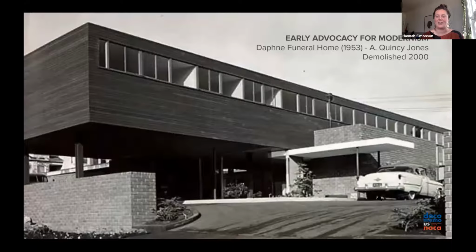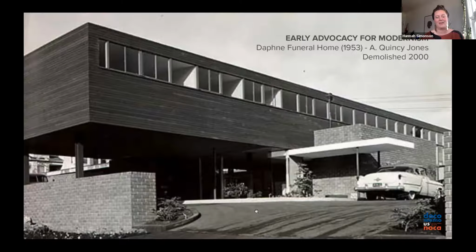We had an advocacy challenge that helped coalesce our group early on. This was a fight in the late 90s to save the Daphne Funeral Home in San Francisco, a project by A. Quincy Jones, a pretty well-known architect here in California.